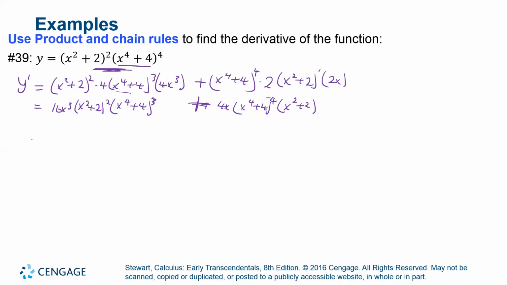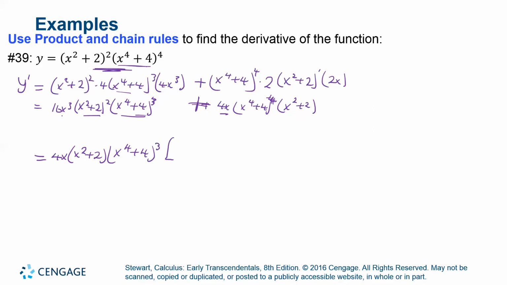Okay, now what are the common factors there? The common factor is 4x outside. We have this factor and that factor also. This is 4, but it's 1, so we put one of them. So x squared plus 2. And then this one we put 3 of them because this is higher, this is smaller. Exponent is 3. So we get (x to the 4 plus 4) raised to the 3rd.